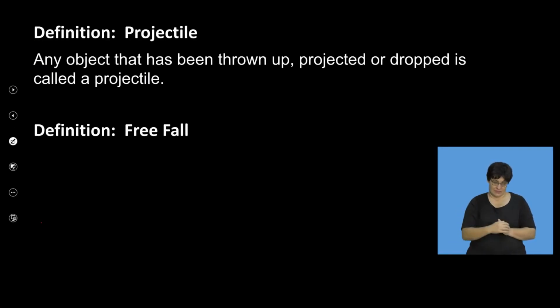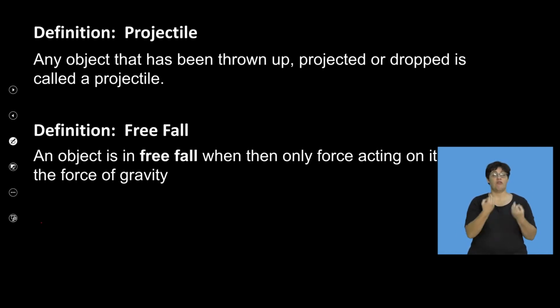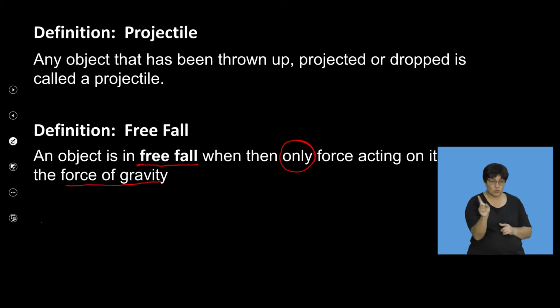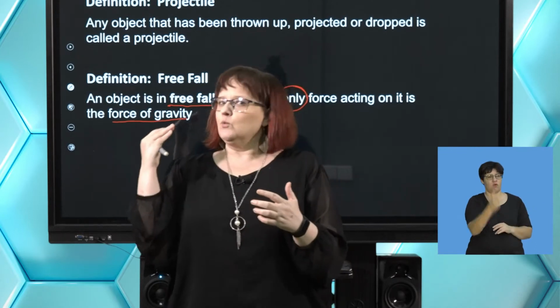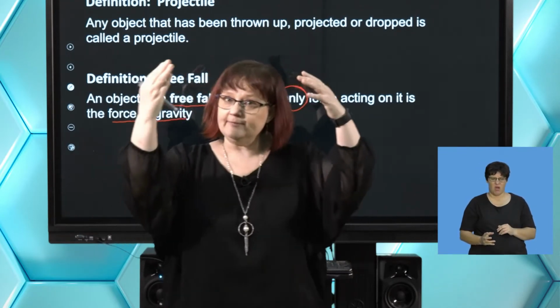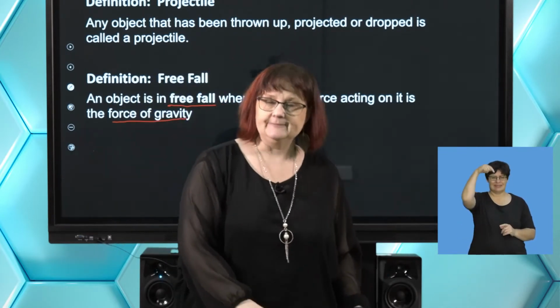Then we get free fall, and this is the definition that we struggle with most. An object is in free fall when, and this is very important, the only force acting on it is the force of gravity. This really doesn't sit well sometimes, because we hear free fall and we hear the word fall, so we think it means an object must be going down.